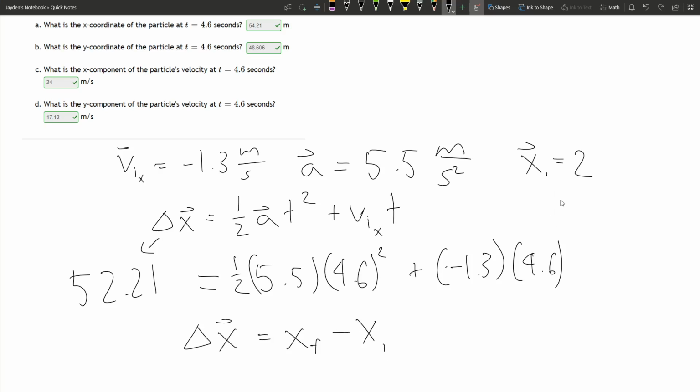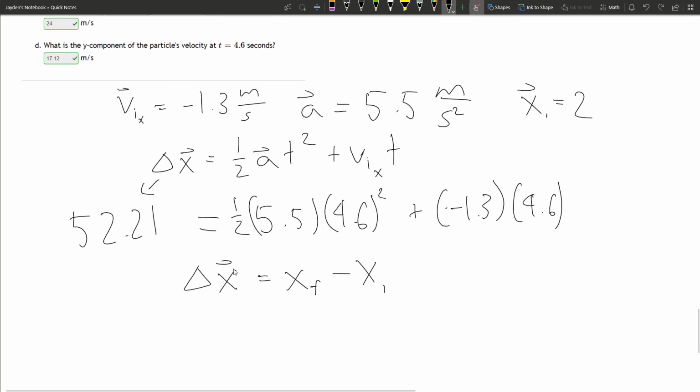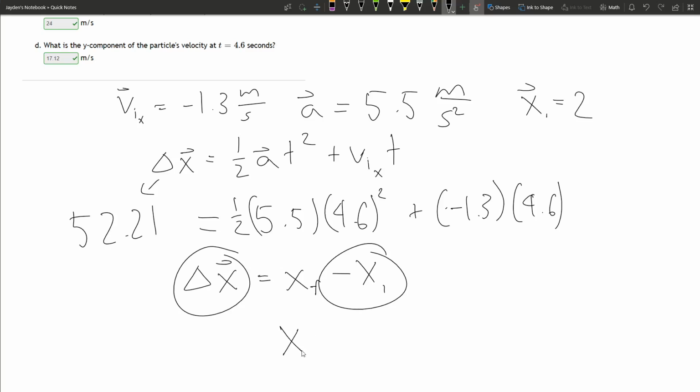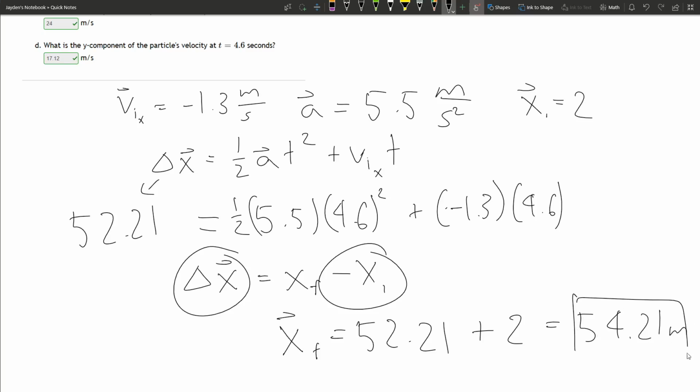So this is our x initial. If we have the delta x and we have the x initial, we can find the final position by adding 52.21 and 2, which gives us 54.21 meters.